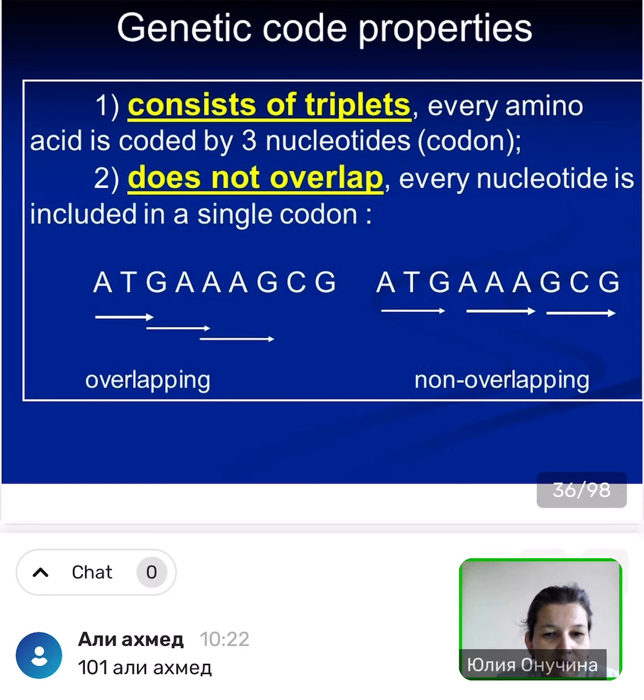These codons do not overlap. But we must remember that inside prokaryotic cells, overlapping may occur. Now we talk only about eukaryotic cells. Here overlapping is impossible.